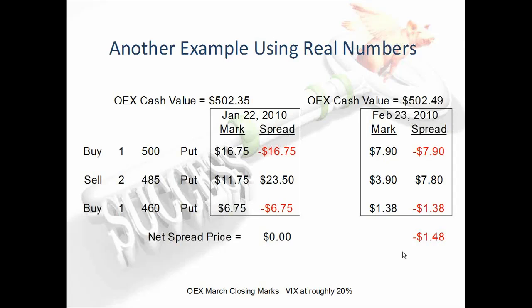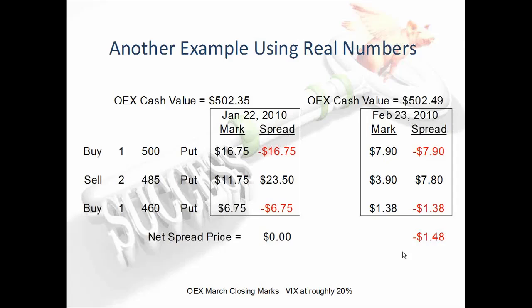In this case, what would happen if we decided on February 23rd to buy the broken wing butterfly? We didn't own it and we wanted to buy it. It would cost us $1.48 to put it on. But had we bought it back on January 22nd, we would own it, and we could sell it out.